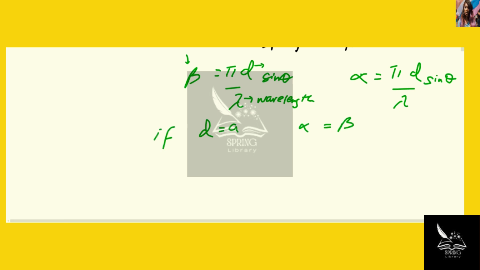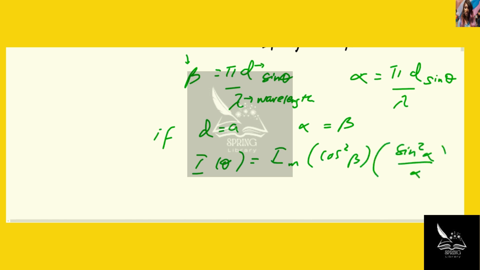If that's the information given, we can collapse the equation to intensity theta equals Im cosine squared beta sine squared alpha all over alpha squared. We want to see where all this is headed. Remember, this is sine squared also.